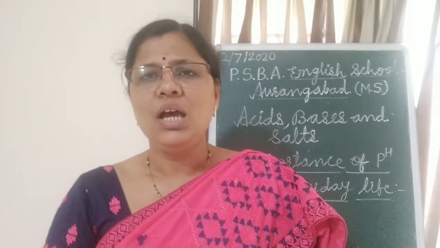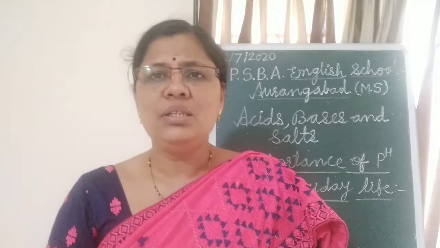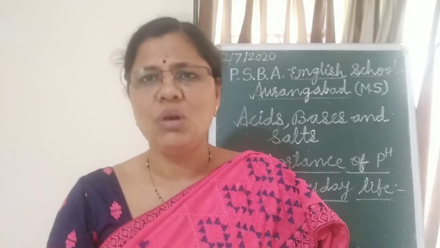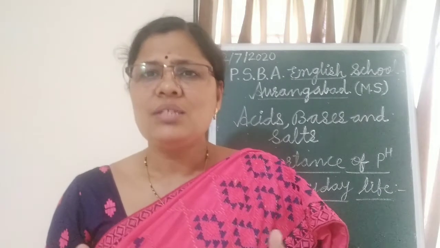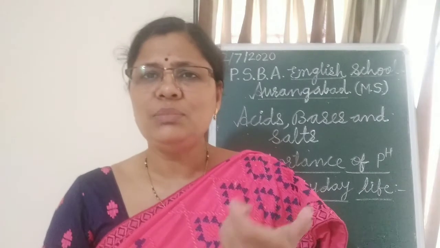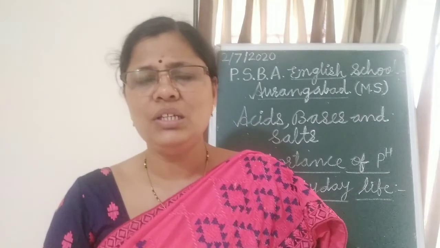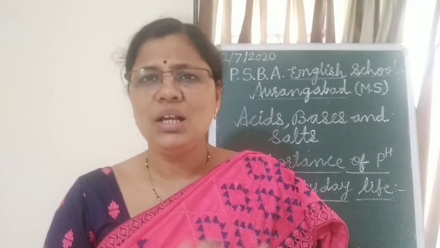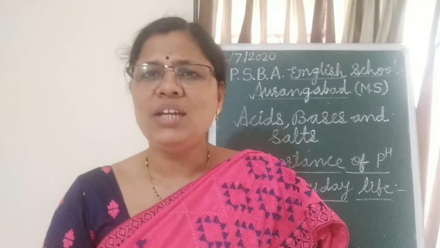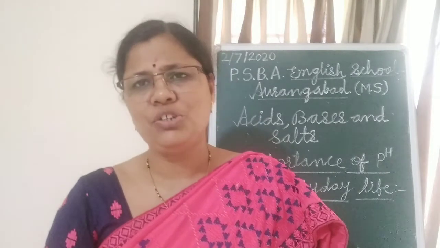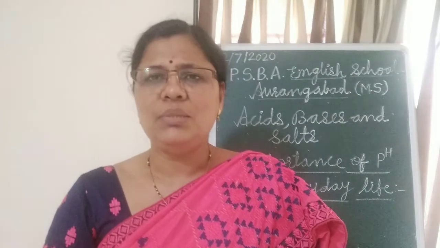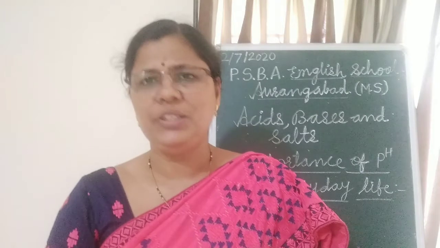And due to this, the aquatic life forms, meaning the plants and animals present in the water, find survival difficult. These aquatic life forms can't tolerate the change in pH of the river water. So all the plants and animals are pH sensitive. This is the first point.